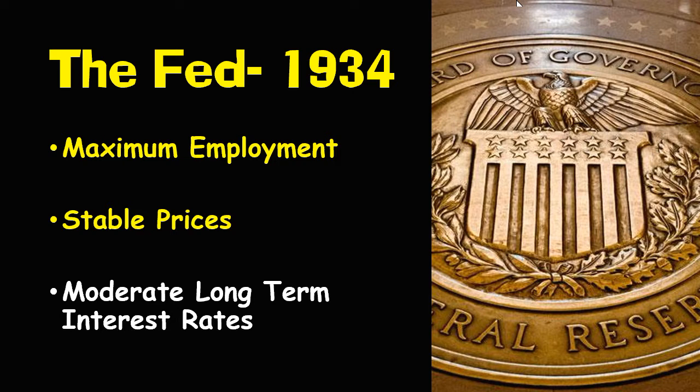I put the moderate long-term interest rates thing into a different color to highlight that for you. The modern Fed takes the position that really that's not a separate goal. That if they're maintaining moderate long-term interest rates, then stable prices are going to be a consequence of that. If interest rates are stable, prices are stable.